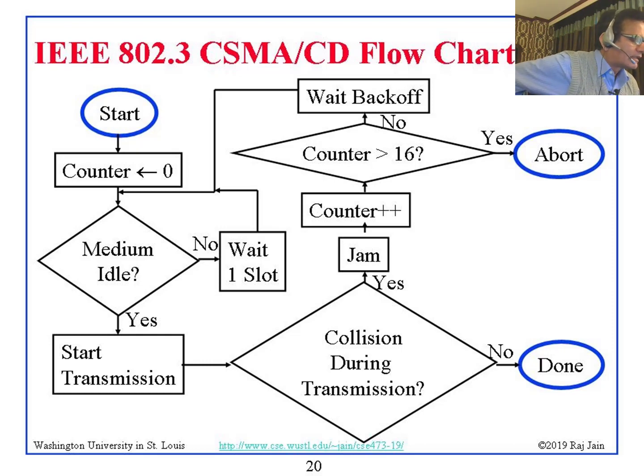The time is not slotted, the time is continuous, but when we start waiting, we wait for one slot, 51.2 microseconds, from whatever time we were in. And then we check if the medium is idle. If the medium is not idle, we wait one more slot, and we keep doing that until the medium is idle. Basically what will happen is everybody's slot is at a different time.